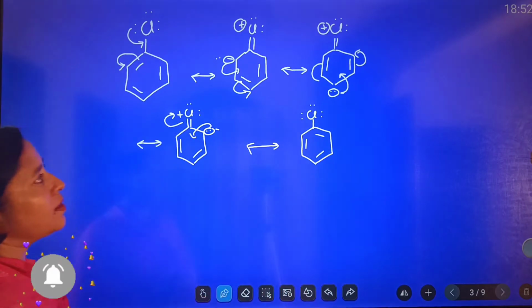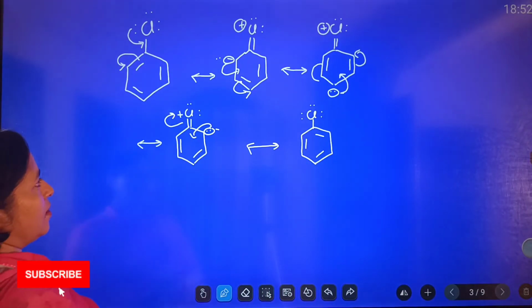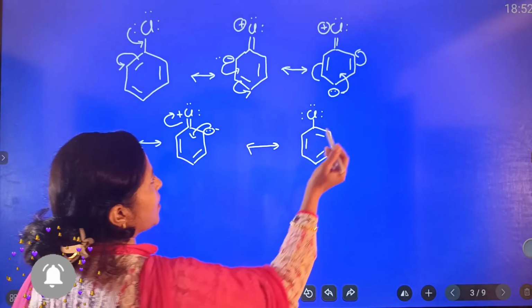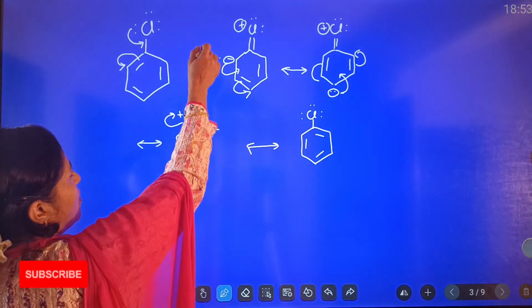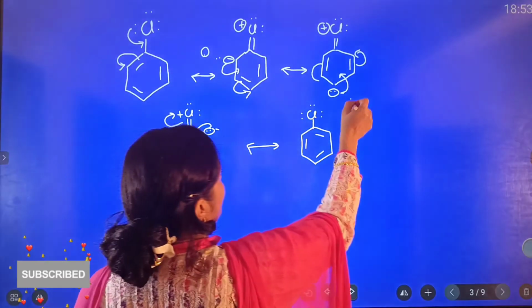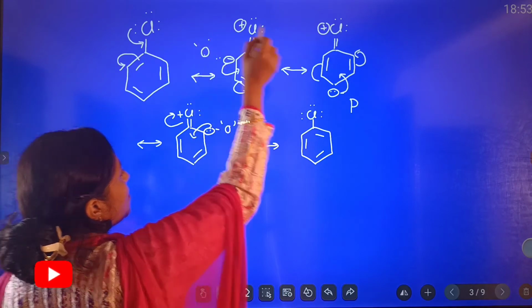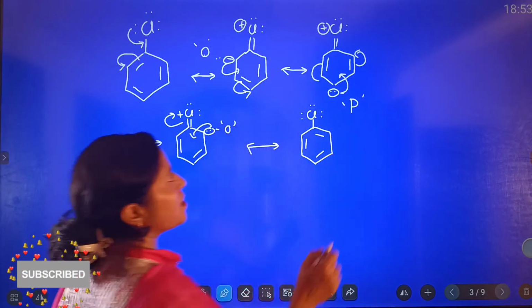So as you can see in the figures, haloarenes have electron density rich at the ortho and the para positions. These are the ortho positions you can see in the figure and this one is the para position.